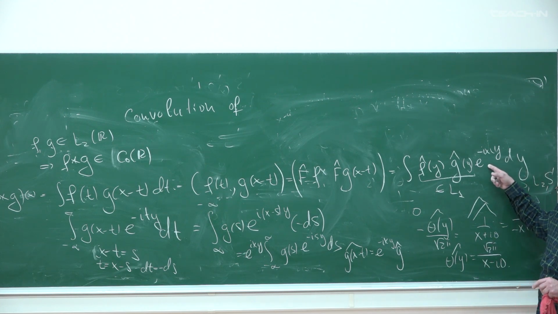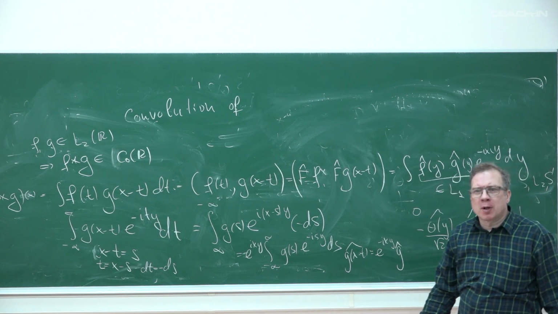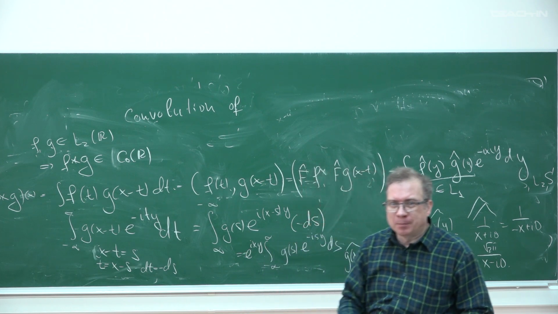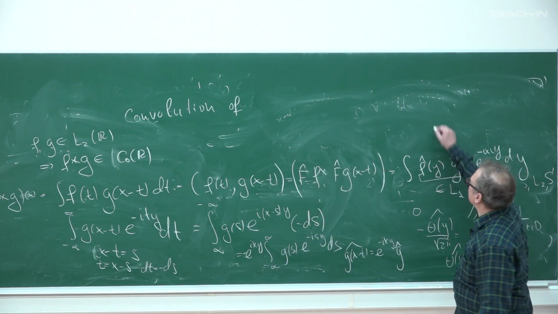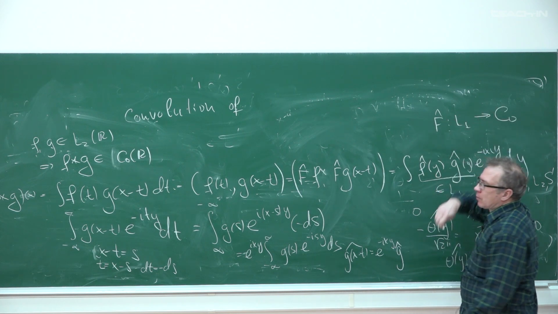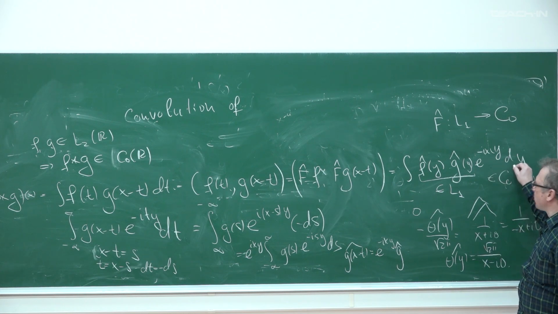The Fourier transform for a function from L1 belongs to what space? C0. So I automatically obtain that it is from C0.